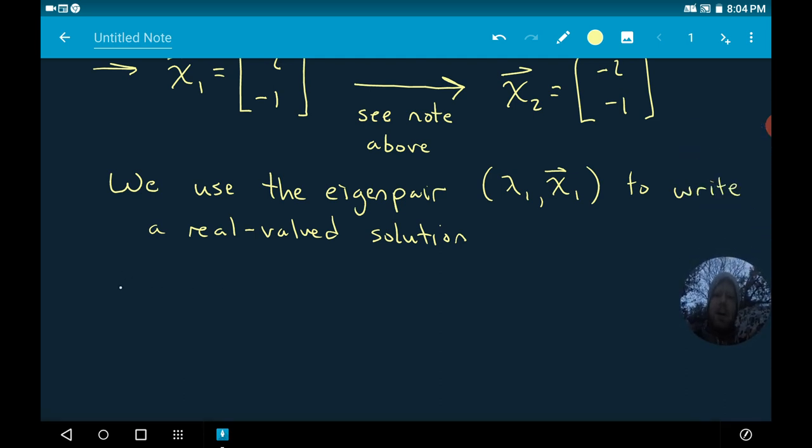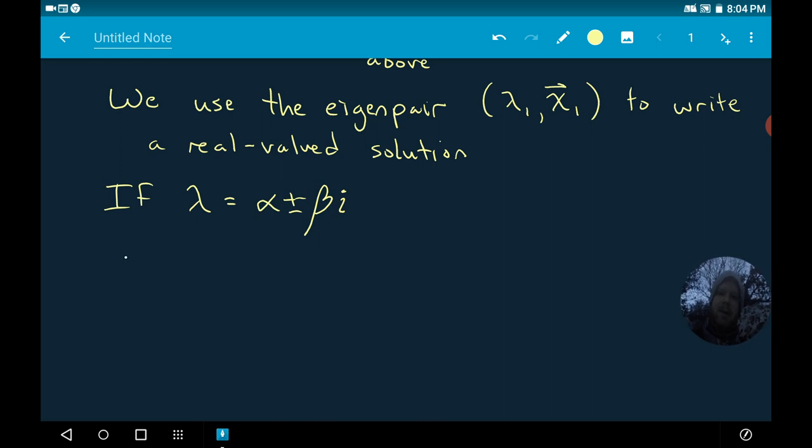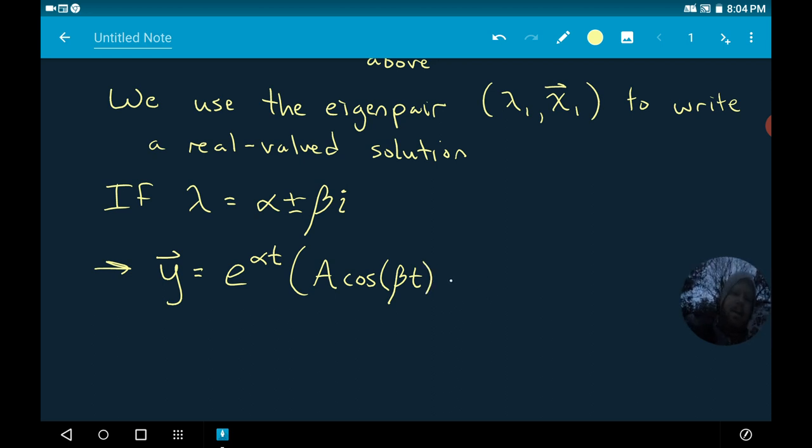And so the general formula for this is that y is equal to, let's say, if our eigenvalue is equal to alpha plus or minus beta times i, then our solution is going to be equal to e to the alpha t, that looks familiar, times a cosine of beta t plus, and this is something that I alluded to earlier in the semester, i times b sine of beta t.